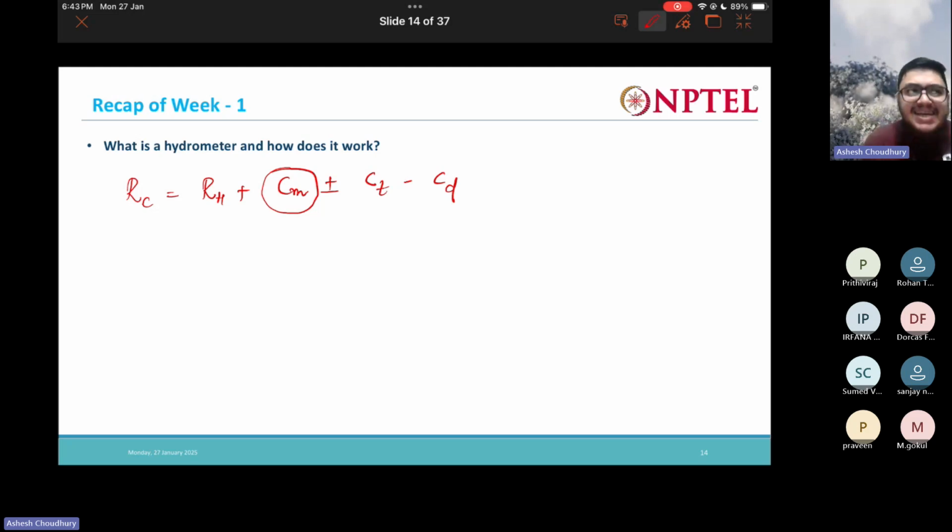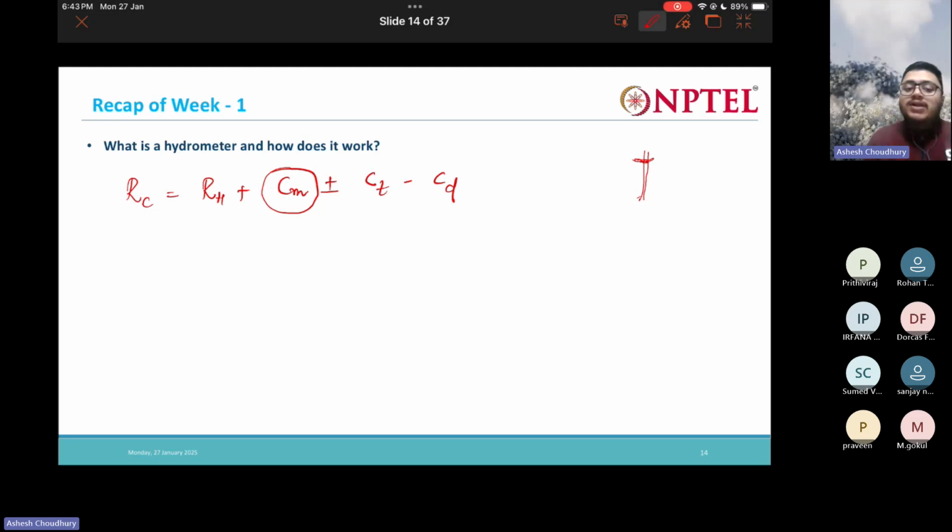So you cannot clearly see the lower meniscus where the water is touching the graduated neck of the hydrometer. So what you do, you take the upper reading only. But actually you need to take the lower meniscus reading. So we apply some meniscus correction, which will always be positive.